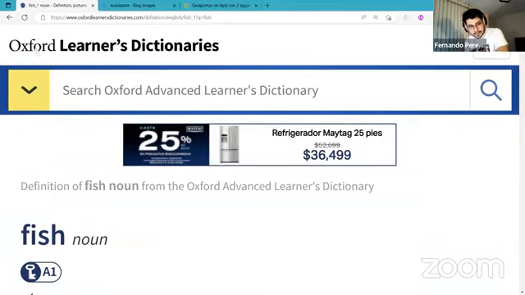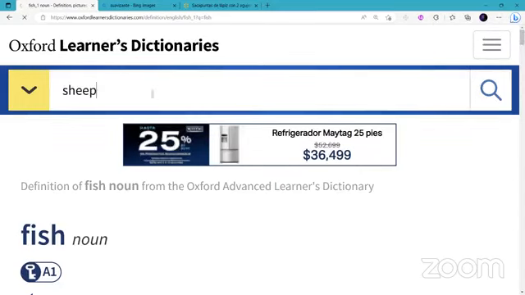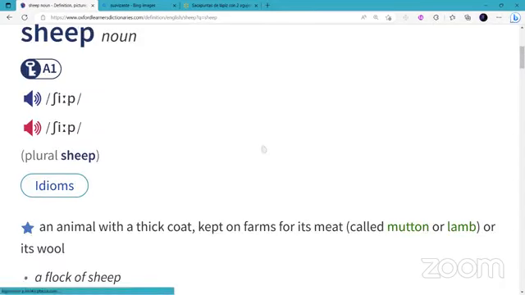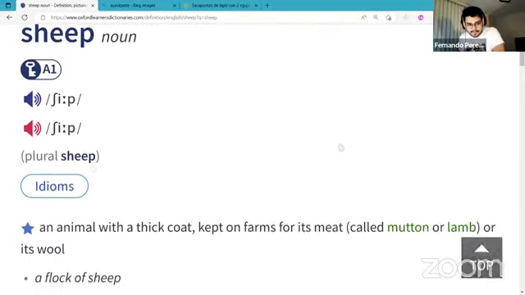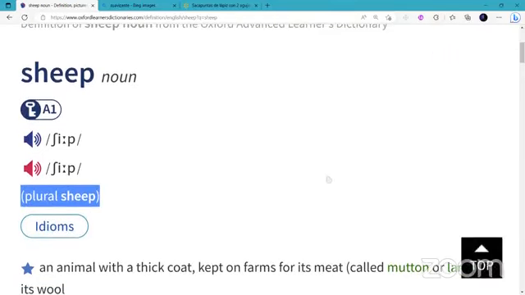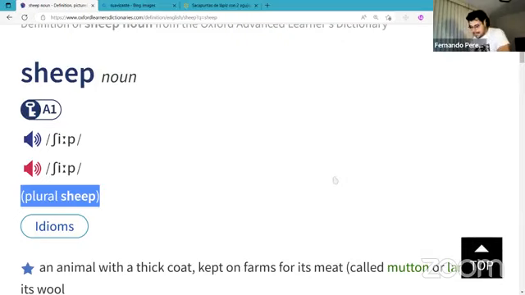Okay. Sheep. The animal. Same thing. An animal. Okay. Sheep. Okay, teacher. Is only candy, fish, and sheep.